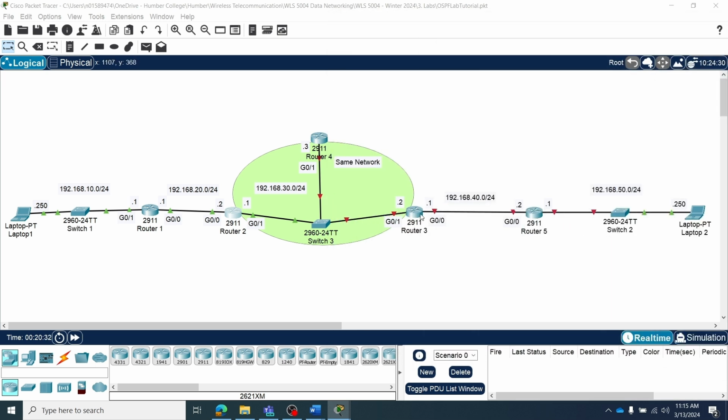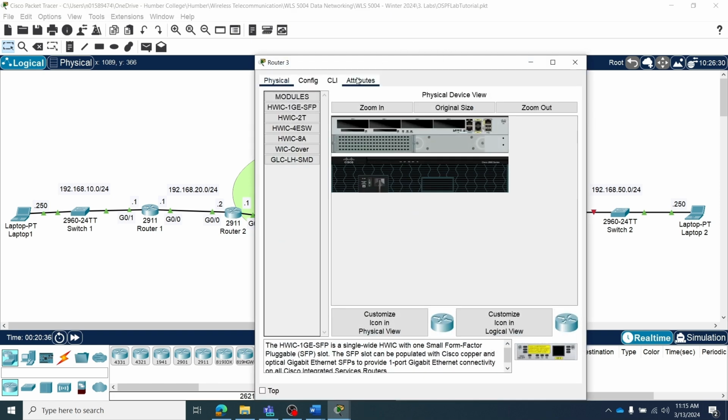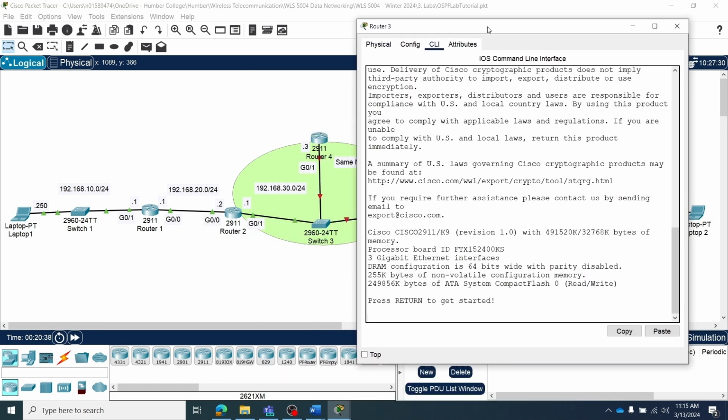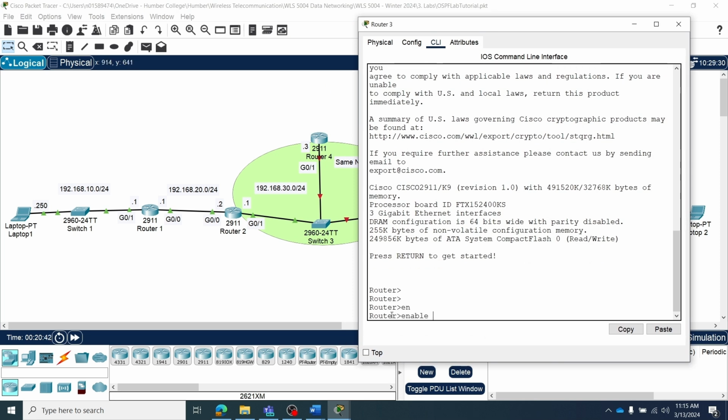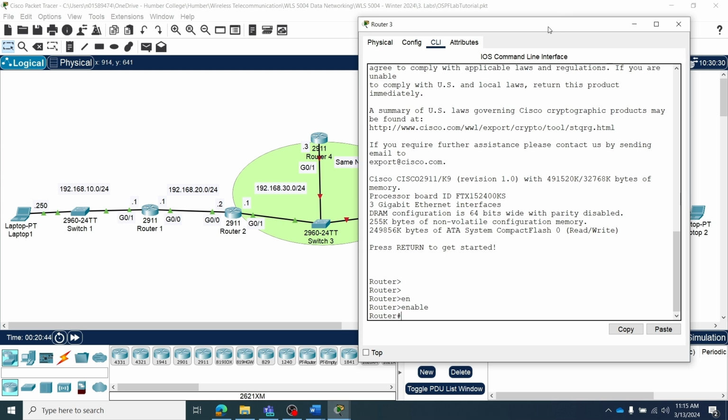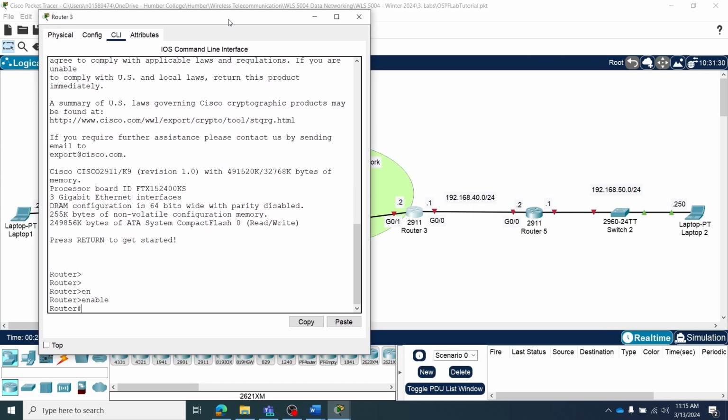So let's do the IP configuration on router 3. CLI mode, then enable. Router 3 has gigabit Ethernet 0/1 and 0/0. First configure gigabit Ethernet 0/1, but before that change the name of the router.